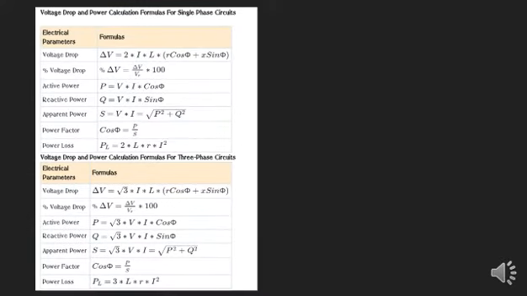Here you can see the voltage drop formulas and calculation for single phase circuits and three phase circuits. As you can see here, voltage drop for single phase, where this cosine theta is the power factor.